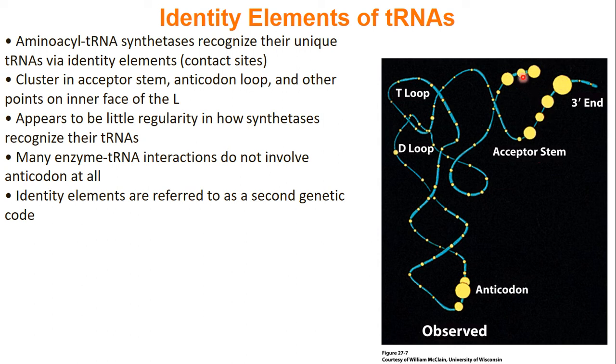And our yellow circles here are showing us just a conglomeration of our contact sites, where the bigger circles mean more likely or more frequently used to be a contact site. And when we look at this map, we can see that our contact sites are clustered in the acceptor stem and the anticodon loop, and some other points on our inner surface of the L as well.